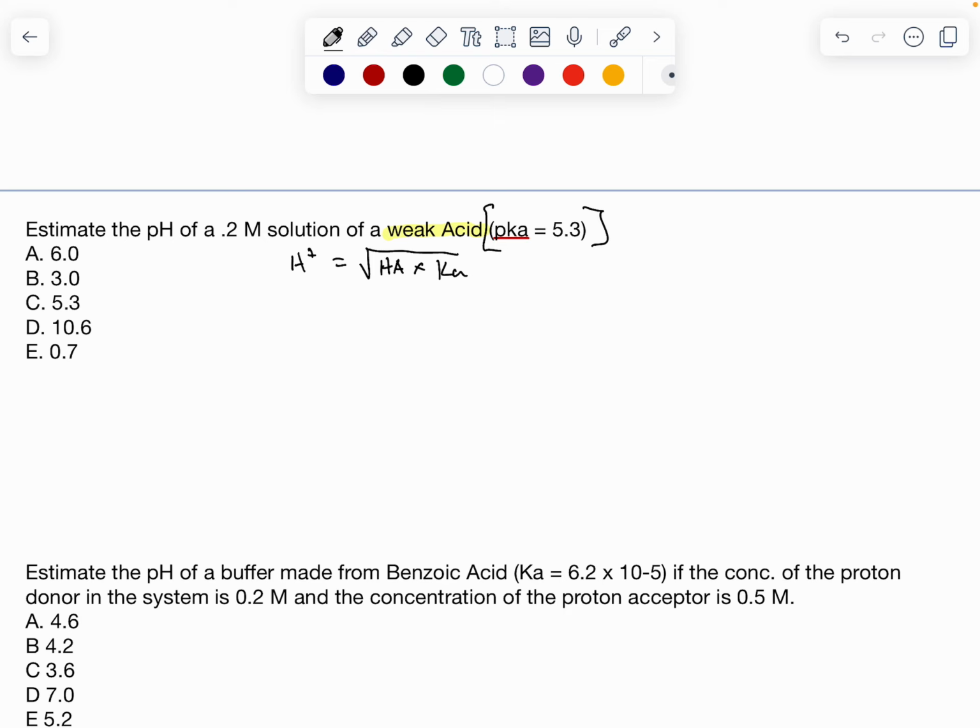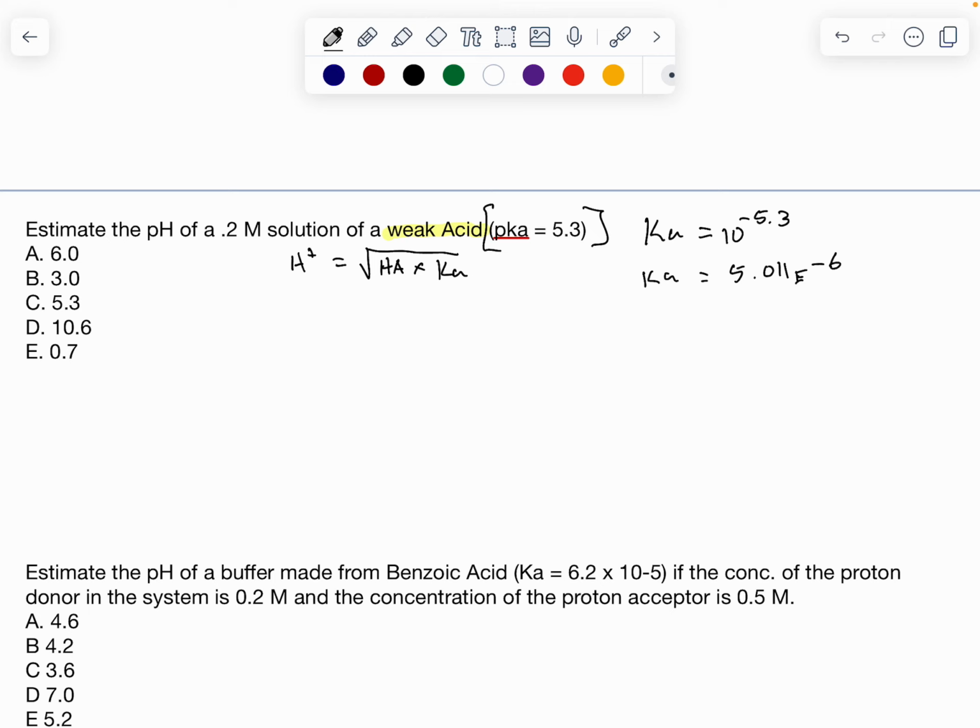So we find our Ka, which is equal to 10 to the negative 5.3, because we want to raise 10 to the negative pKa. So our Ka is going to equal about 5.011 e to the negative 6.